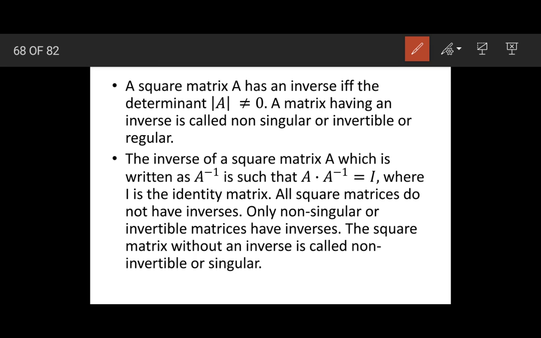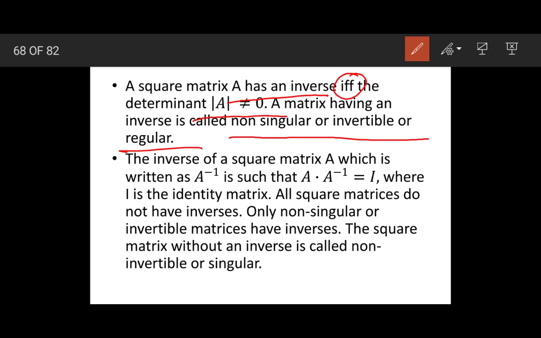A square matrix A has an inverse if and only if, IFF means if and only if, the determinant of A is not equal to 0. A matrix A having an inverse is called non-singular, invertible, or regular.